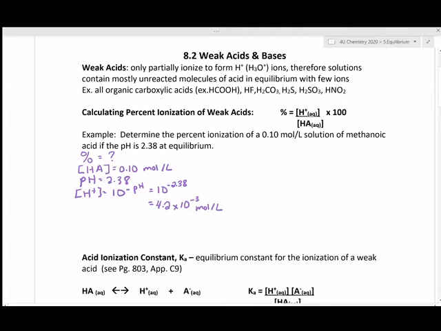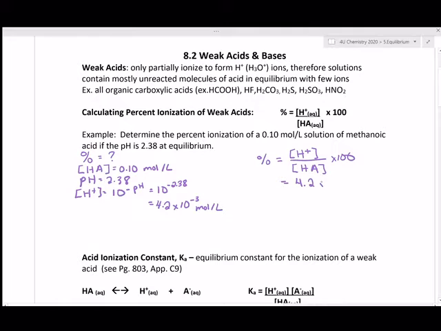So when this acid has reached equilibrium, this is the very, very small concentration of hydrogen ions that we have compared to the original concentration of the acid. You can see that it's just a very small amount. Now we have everything we need to plug into this formula: hydrogen ion over original acid concentration, all times 100 because it's going to be a percent.